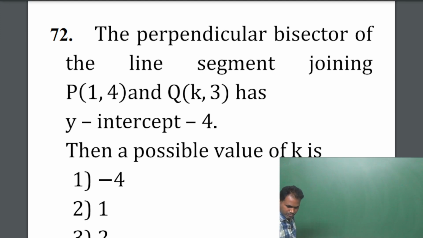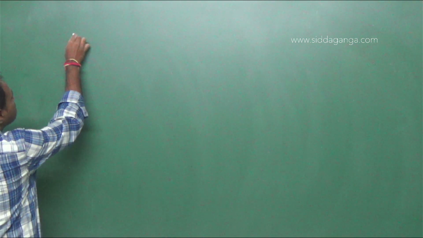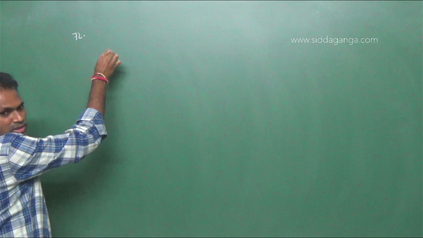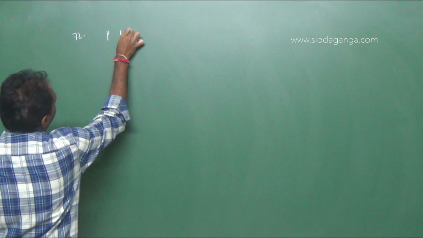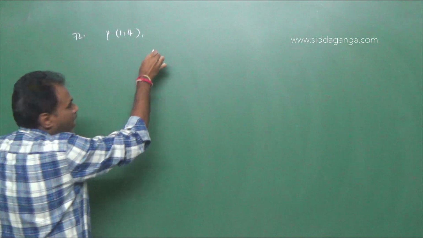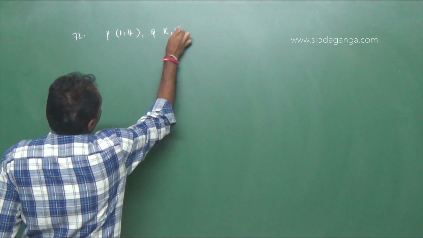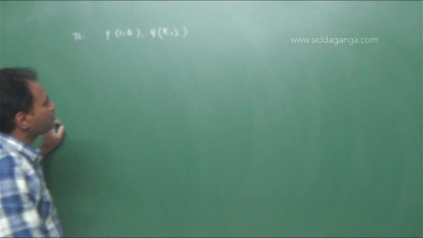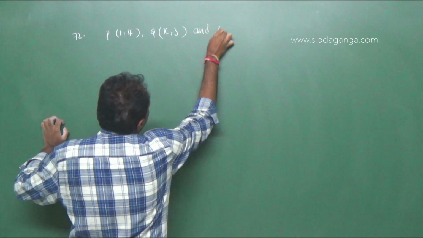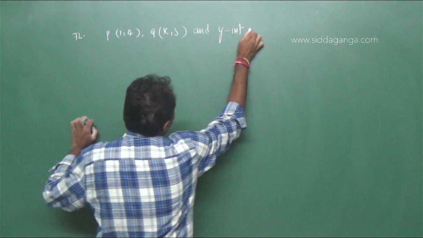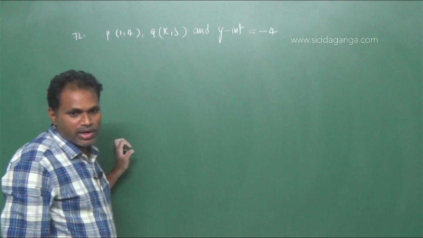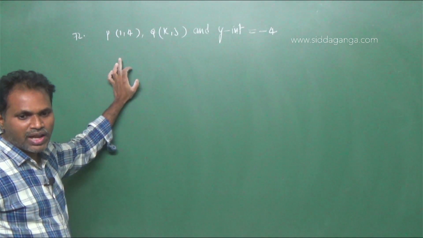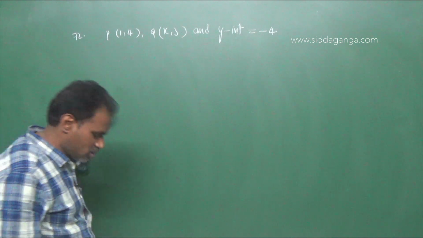Now, the perpendicular bisector of the line segment joining the given points P(1, 4) and Q(k, 3) has y-intercept -4.